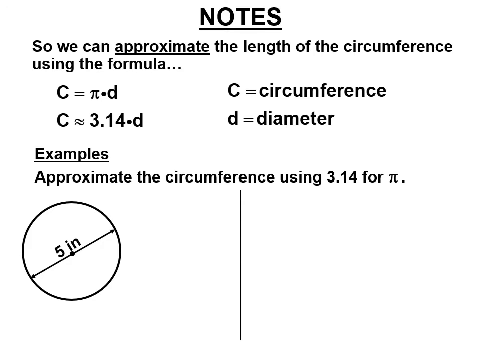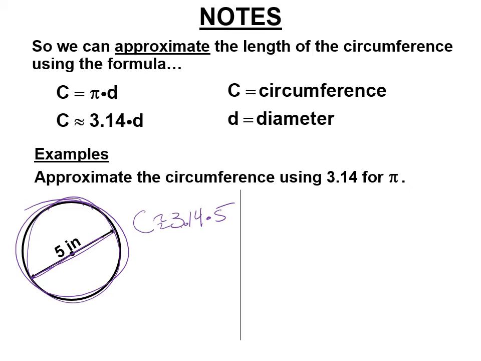Okay. So once we discovered that, you don't need to measure all the way around. It turns out if you can just measure all the way across the circle, then you can figure out what the length all the way around the outside is, called the circumference. So we're going to do approximately 3.14 times the diameter, 5.